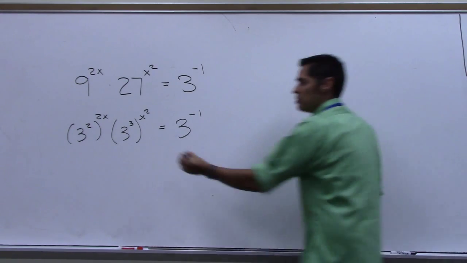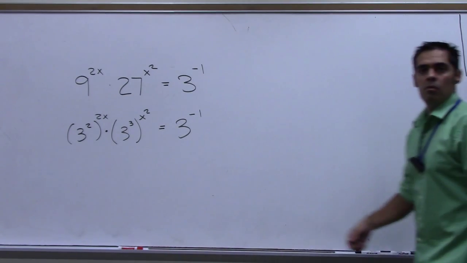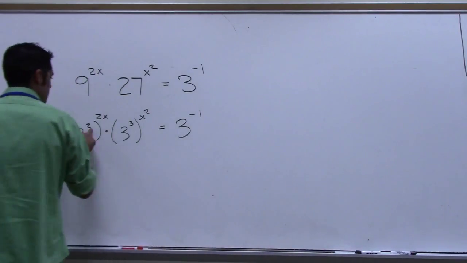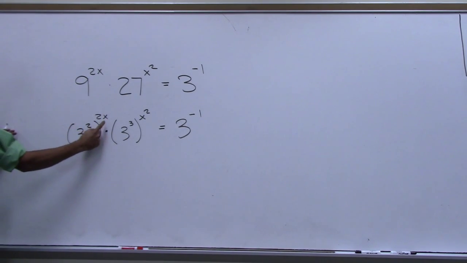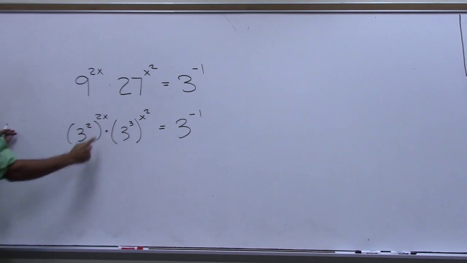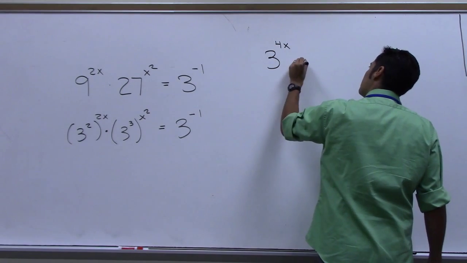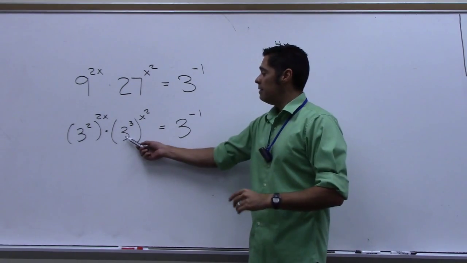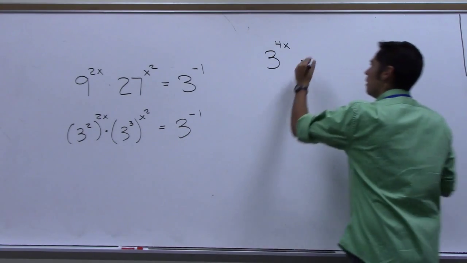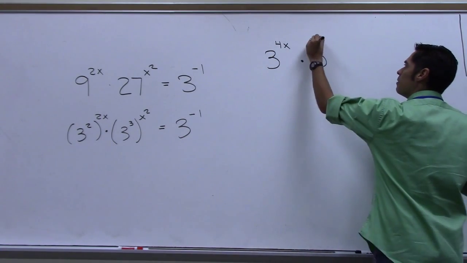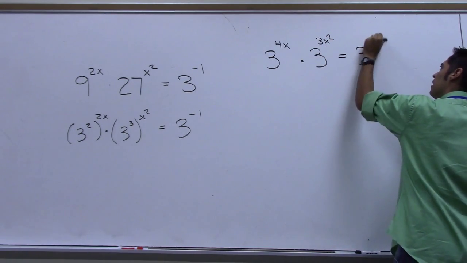And this is multiplication right here. What is 3 squared to the 2x? You multiply these two together: 3 to the 4x times, now what's 3 cubed, all that to the x squared? 3 to the 3x squared, and then equals 3 to the negative 1.